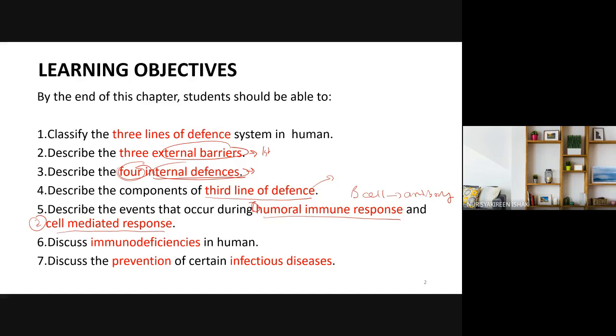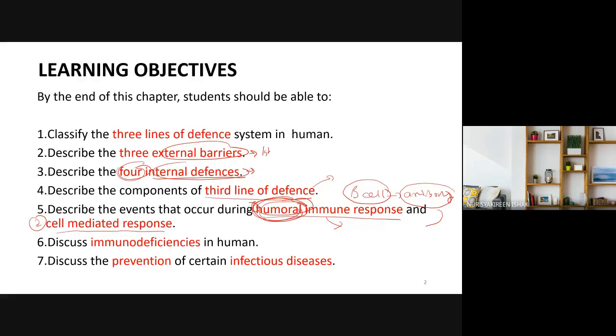Okay, for the humoral immune response, it will attack pathogen that are found in your body fluid. Okay, in your body fluid, your blood, your lymph, and also your interstitial fluid. Okay, so when B cell is activated, it produces antibody that will attack specific pathogen that are found in your body fluid. Okay, itu asalnya perkataan humoral ni, your body fluid.